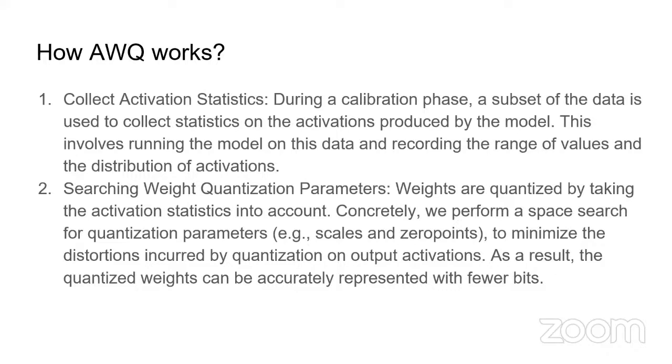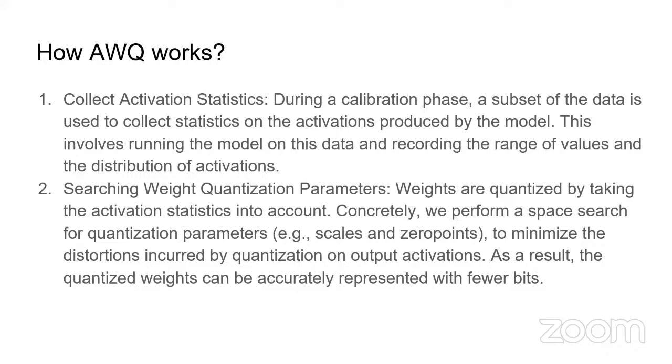By being aware of these activations, AWQ can make more informed decisions about how to compress the weights of the model, like how we can reduce the weights or compress the weights. This means it can prioritize keeping the most important information while discarding the less critical details.